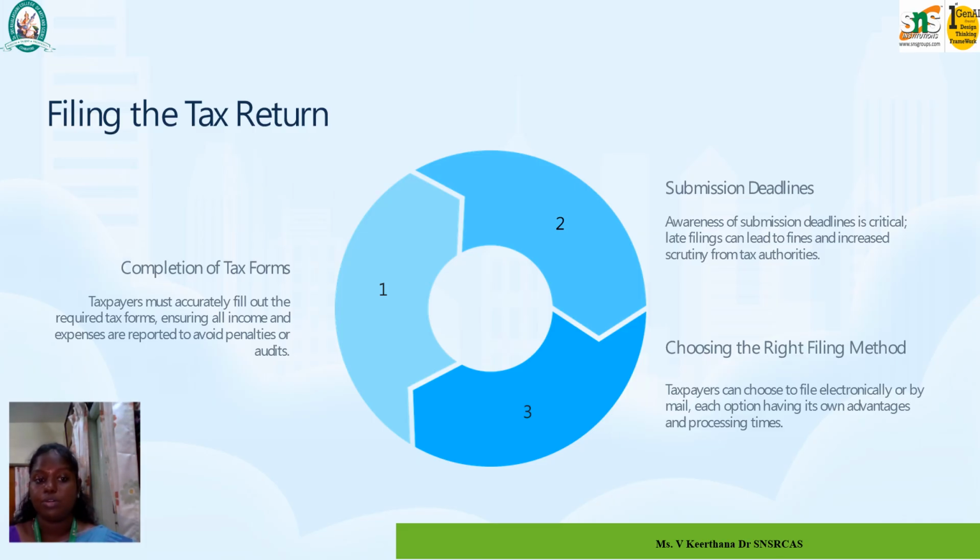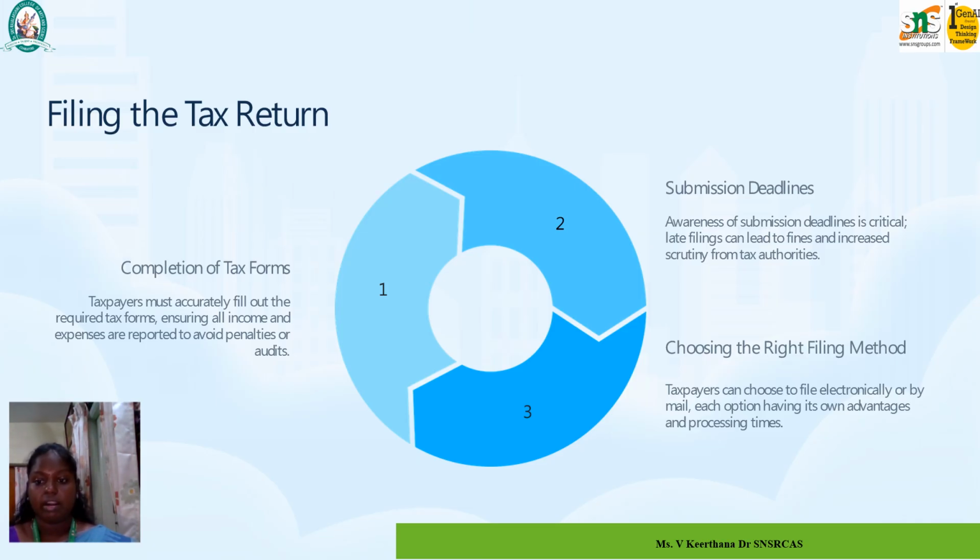In the previous video, we have seen that if our deadline crosses, surely we have to pay the tax fine, that is, a penalty. Completing the tax forms will ensure that all income and expenses are reported to avoid the penalties. We should be aware of the submission deadline, which is critical. Late filing can lead to fines and increased scrutiny from tax authorities.